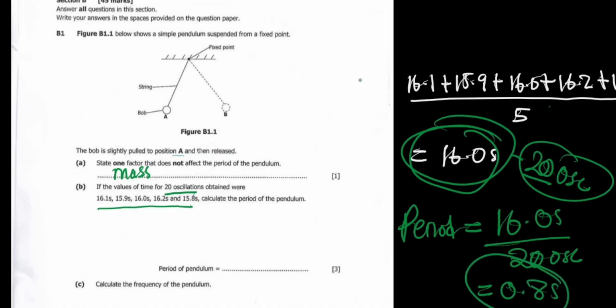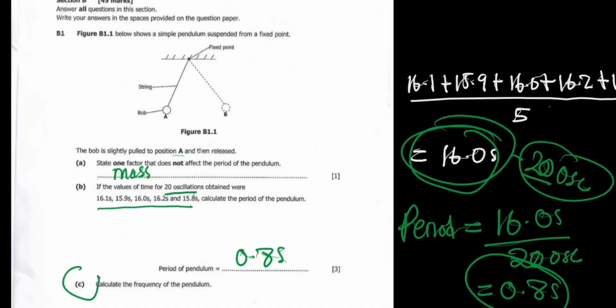So this is the period of the pendulum. So make sure you understand the question because it is talking about the period of the pendulum. Since you have 20 oscillations and the time is given, just find the average of that time and then divide that time by the number of oscillations to get the period of the pendulum.